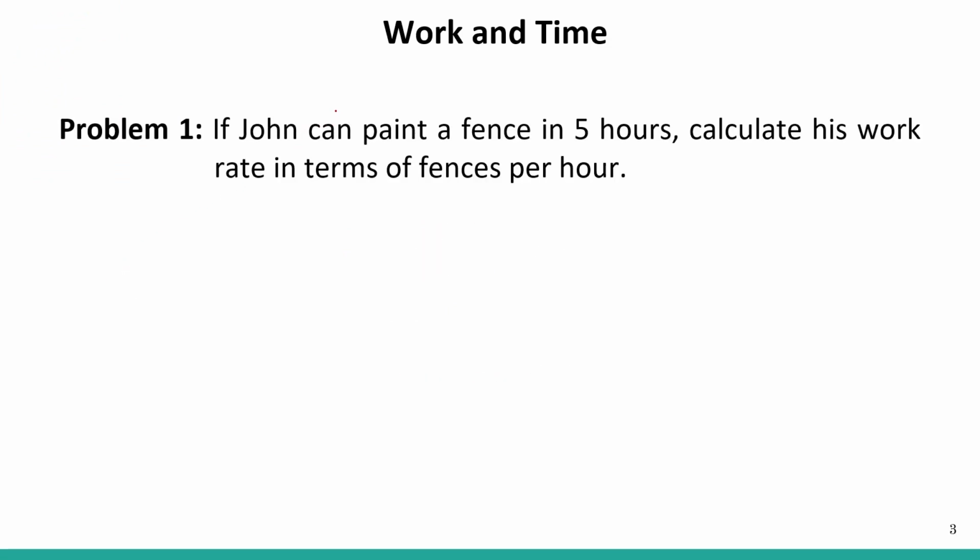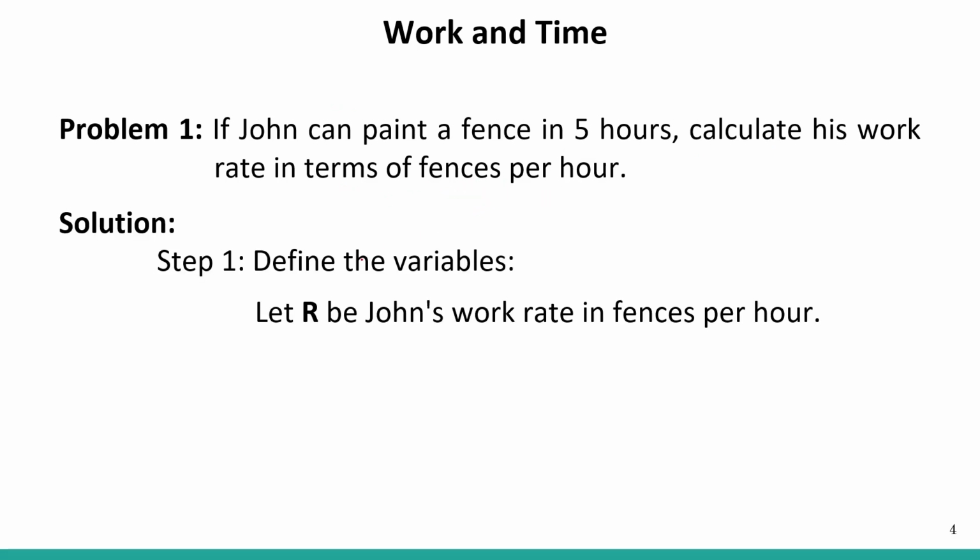If John can paint a fence in 5 hours, then calculate his work rate in terms of fences per hour. John can paint one fence in 5 hours. Define the variables: let R be the work rate of John in fences per hour.